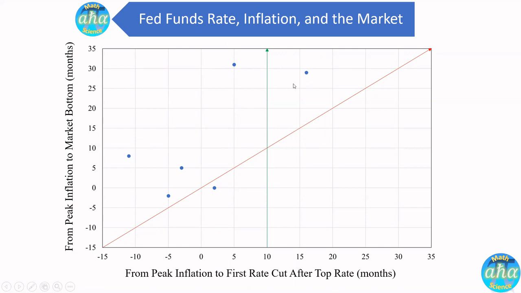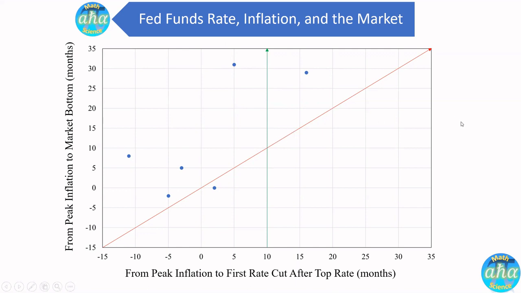So most likely, we are around this line here. The most optimistic case is to fall on the red line, which is still at least 10 months after the inflation peak. So the market bottom will not be in until at least 10 months after the inflation has peaked.